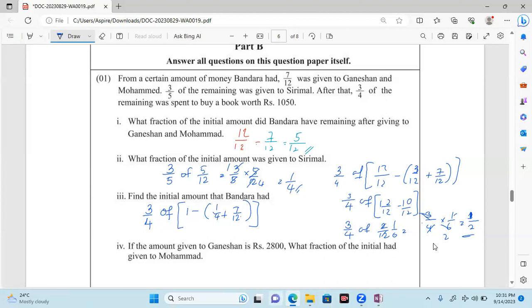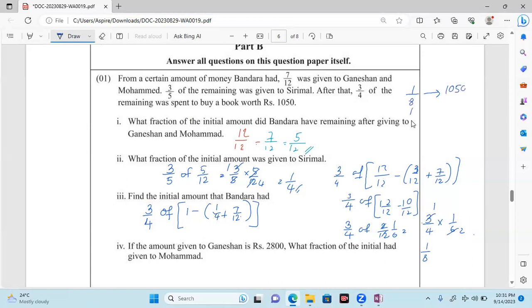Okay. 3/4 multiplied by 1/6. It is 1/8. Okay, then 1/8 is equivalent to 1050.